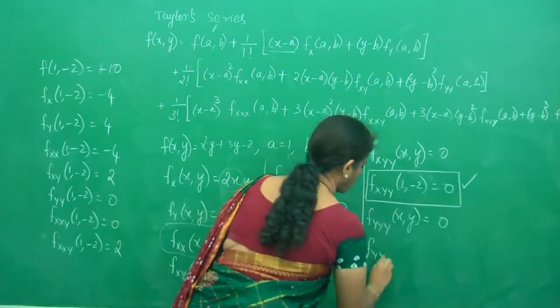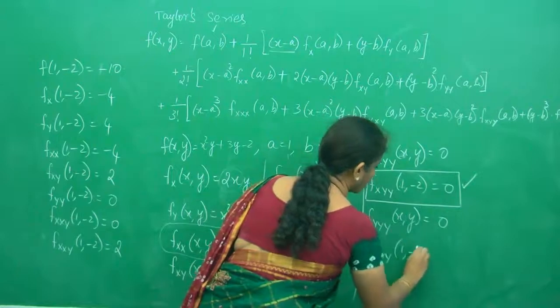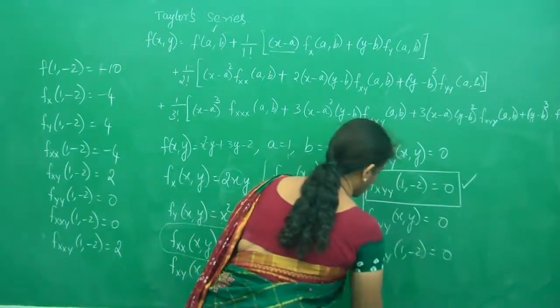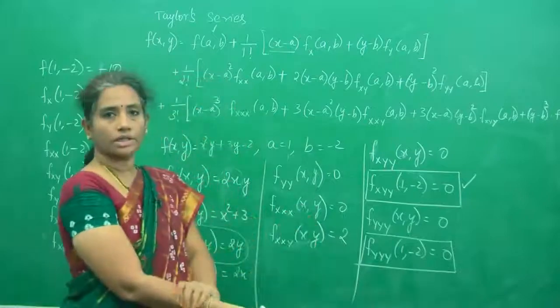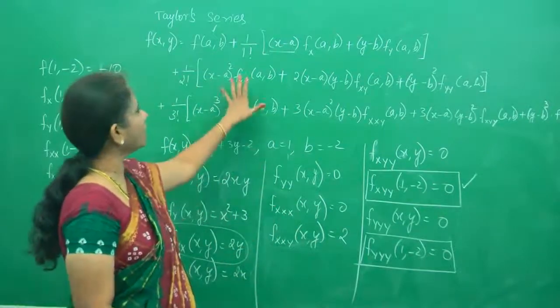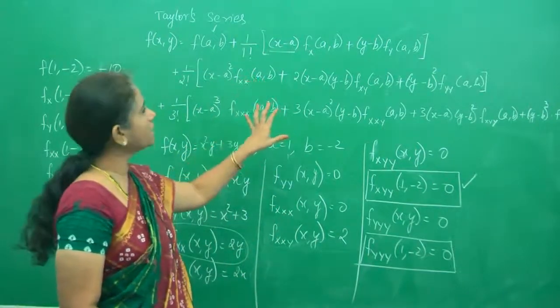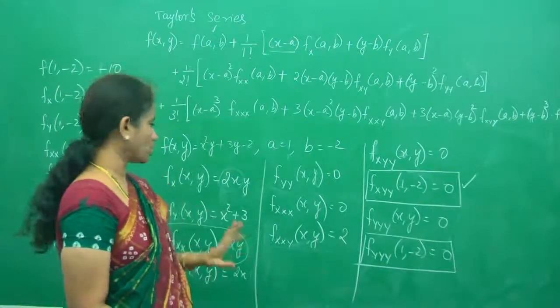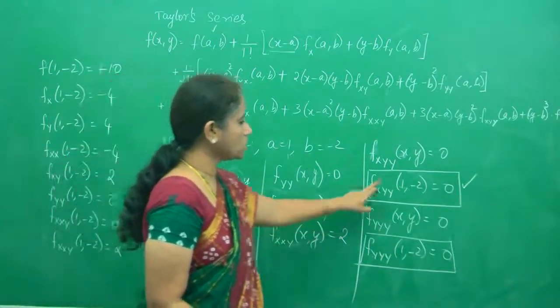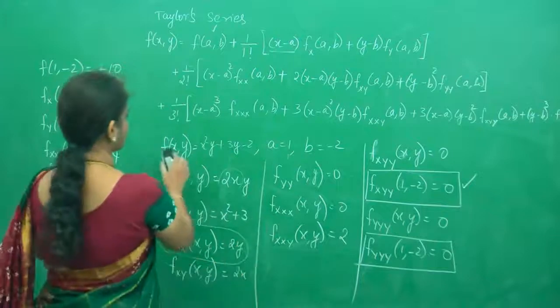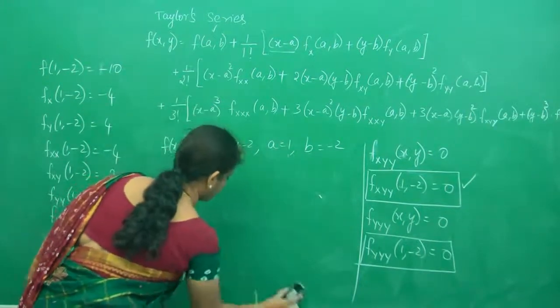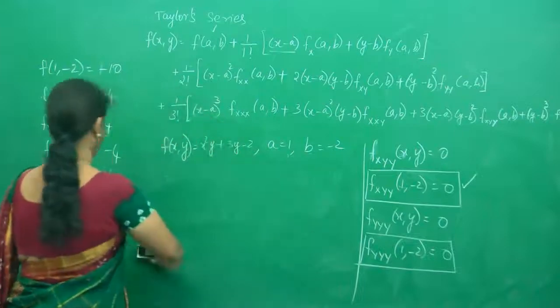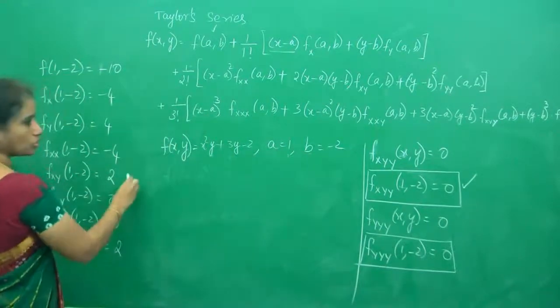So fy of 1 comma negative 2 is 0. So all are ready now. Just now my work is to plug in all the values in the function and complete the calculations as much as possible. Okay, I think only these two are required for me. So let me erase this part and note down those two here.